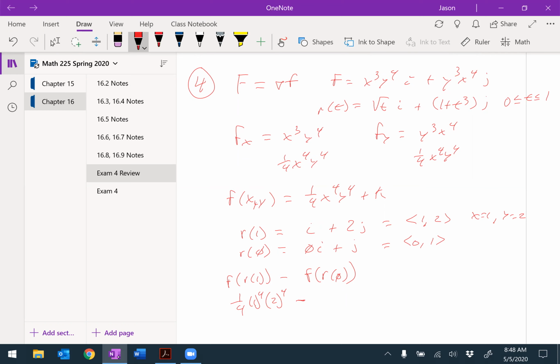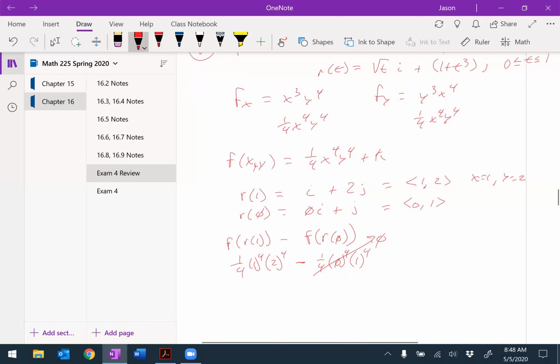This becomes 1/4, and then this is 0 to the 4th. So no matter what else I plug in, the whole thing's going to go to 0. And so this becomes 16 divided by 4, which is 4. And so the answer there is 4.